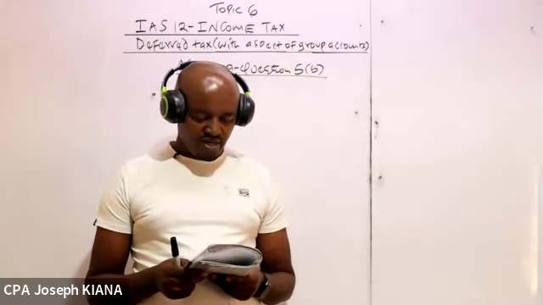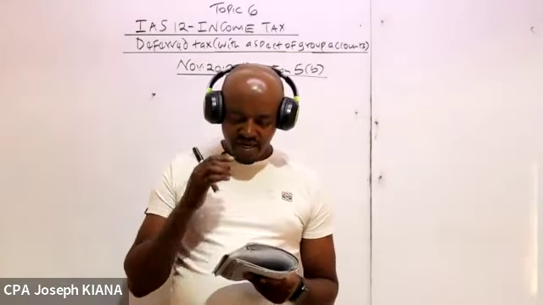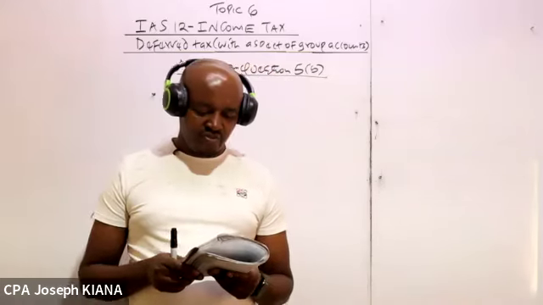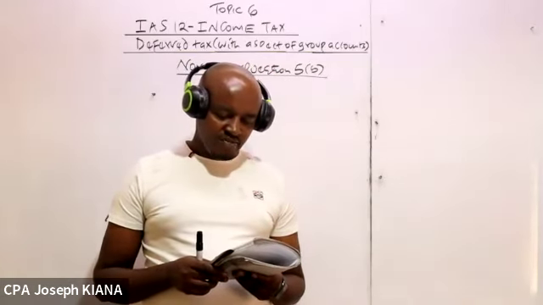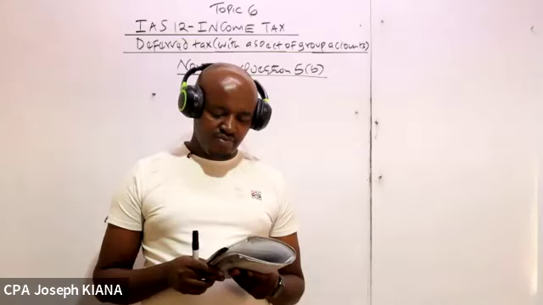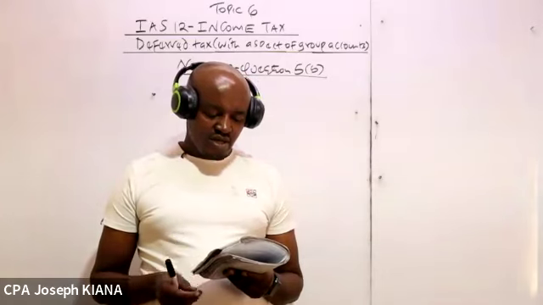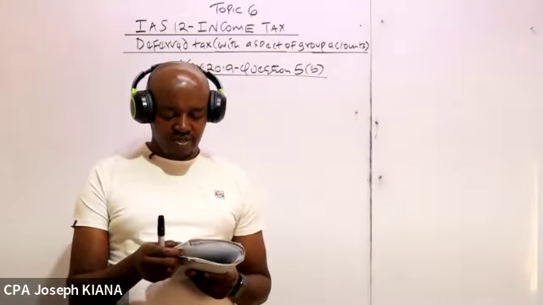Number 1, the company has an available-for-sale financial asset with a carrying amount of 80 million and a financial asset at fair value through profit or loss of shillings 40 million. Both financial assets had reported losses in fair value of shillings 8 million each as at 30th of September 2019.